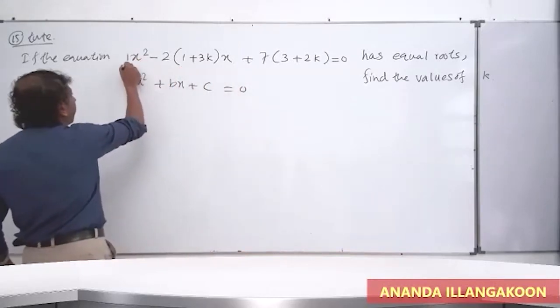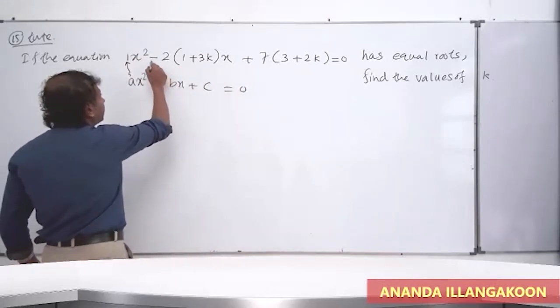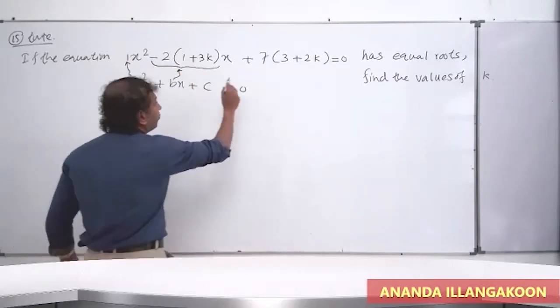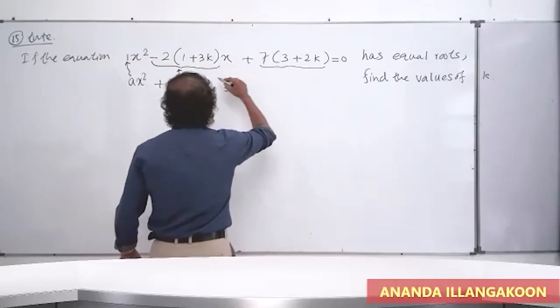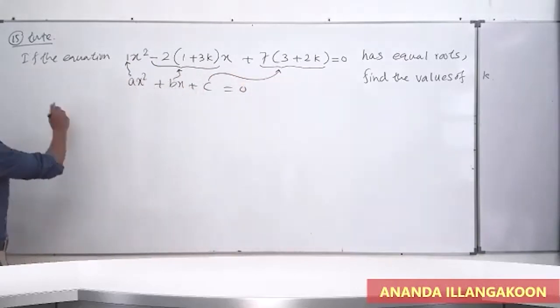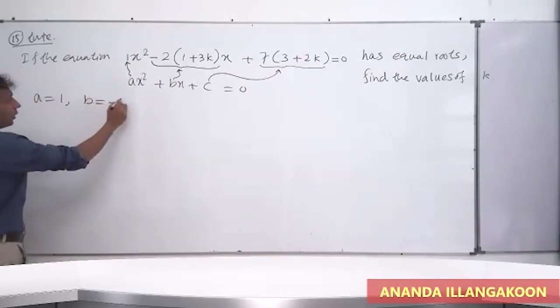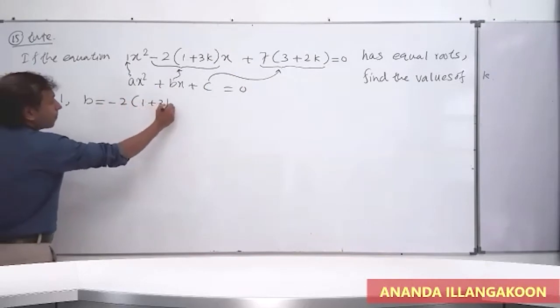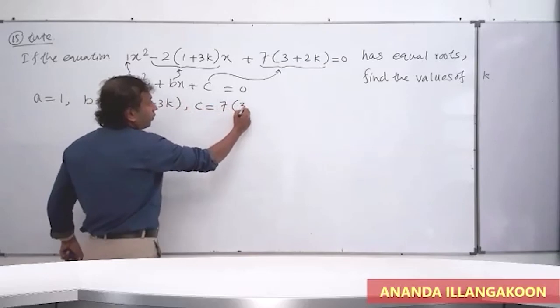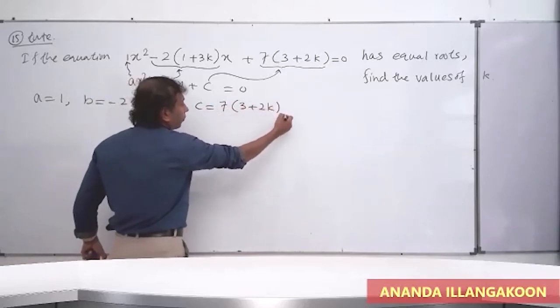B means, with the minus sign, this whole thing. C is this whole thing. A equals 1, B is minus 2 times 1 plus 3k, and C is 7 times 3 plus 2k.